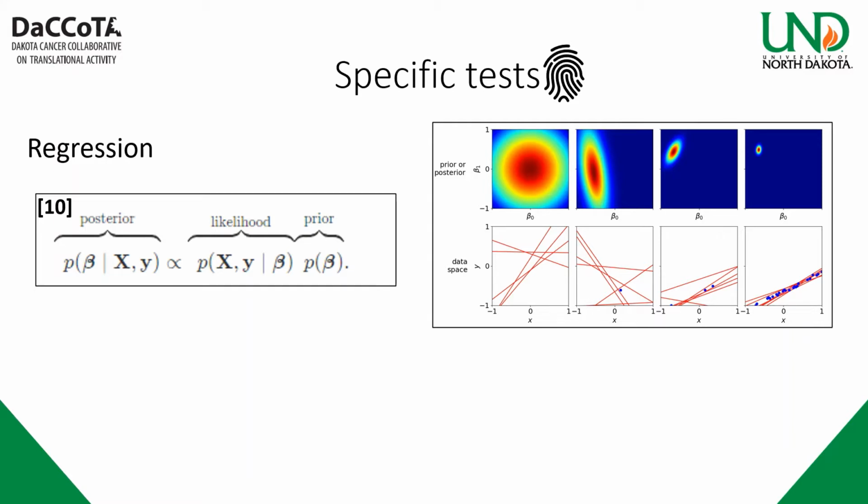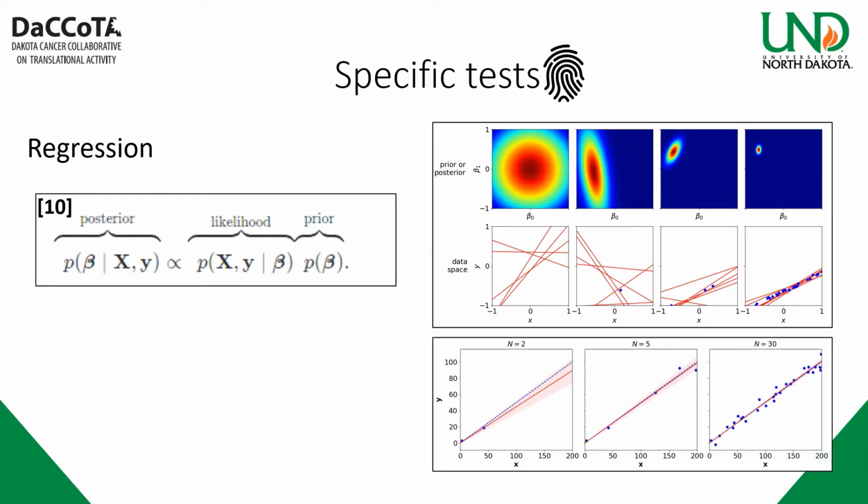In regression, instead of trying to figure out if groups are different, you're trying to study things like the true values of slope and intercepts. And I like this here, as you have zero data, it could be anything. One data point is sort of a little more constrained. As you add more data points, the distribution of your slope or intercept gets tighter and tighter.